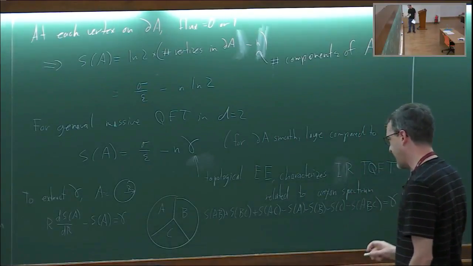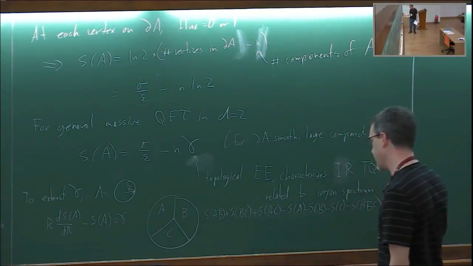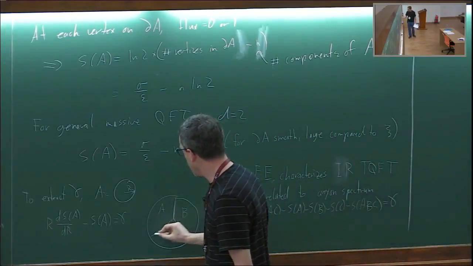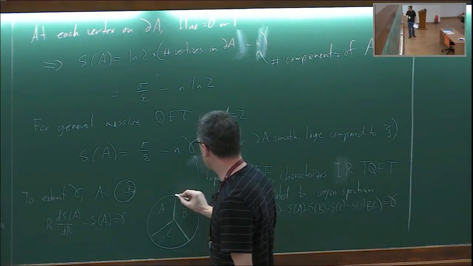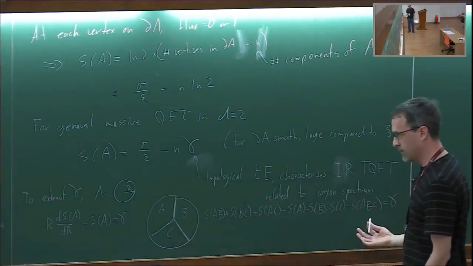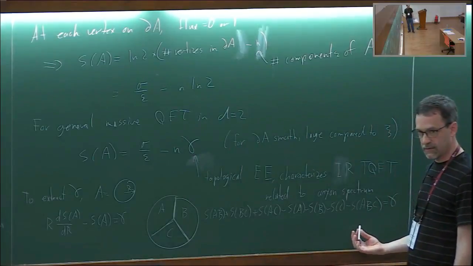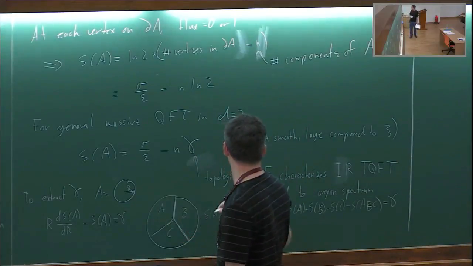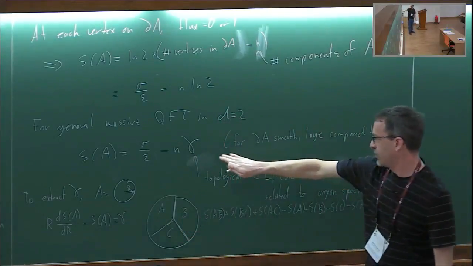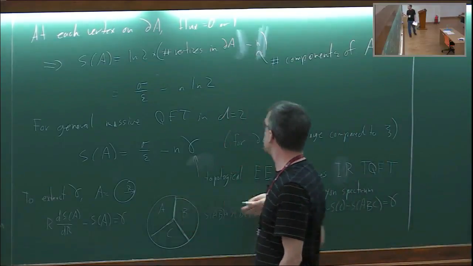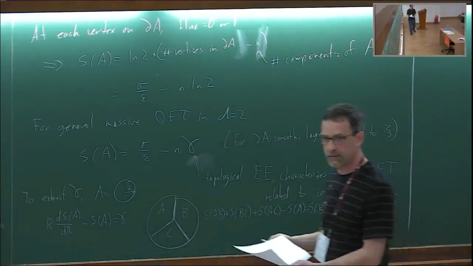You can work out that these differences subtract out the area term on every single edge. The area term on every edge appears twice, once with the plus sign and once with the minus sign in this combination. Now these are not smooth, so this formula actually doesn't apply here, and there are extra divergences at the corners, but you can show those also cancel. I don't want to go into that.